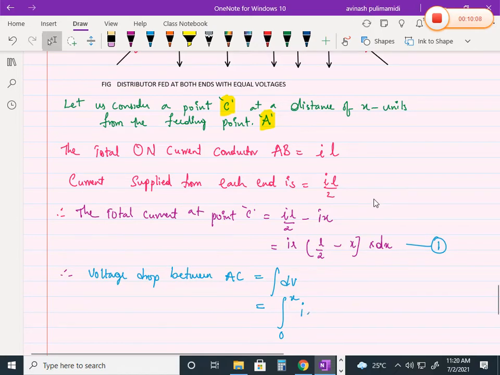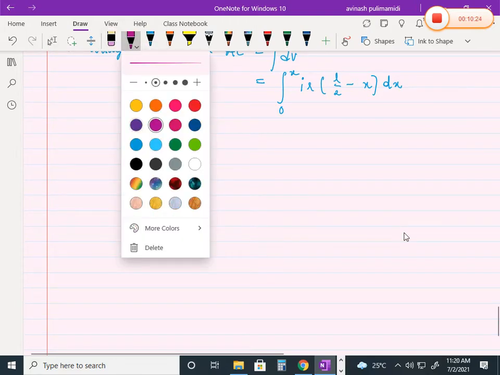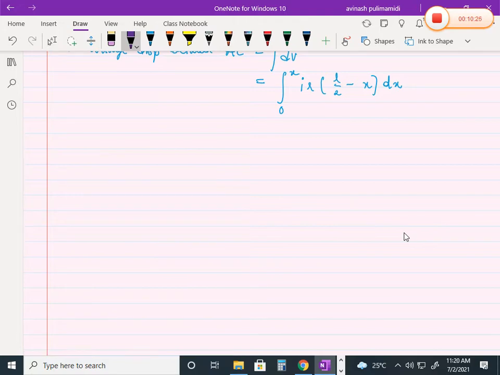So I into r (l by 2 minus x) dx. Now let us do the integration. We are integrating with respect to dx, so other variables will be taken as constants and written outside the integration.